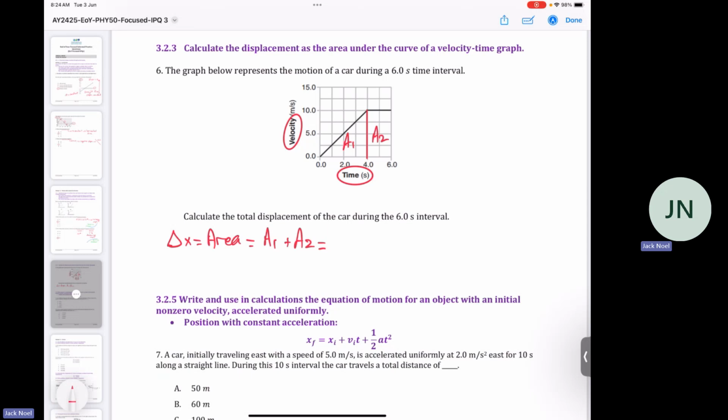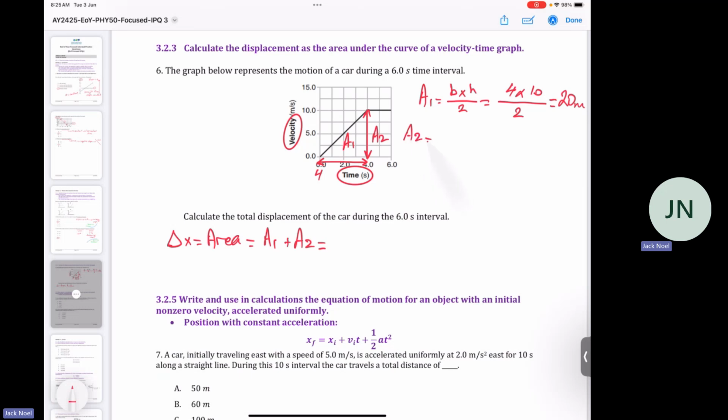Now area 1 looks like a triangle, so the area is base times height over 2. How much is the base? The base is between 0 and 4, which means it's 4, times the height, which is 10, divided by 2. 4 times 10 is 40, divided by 2, 20 meters.